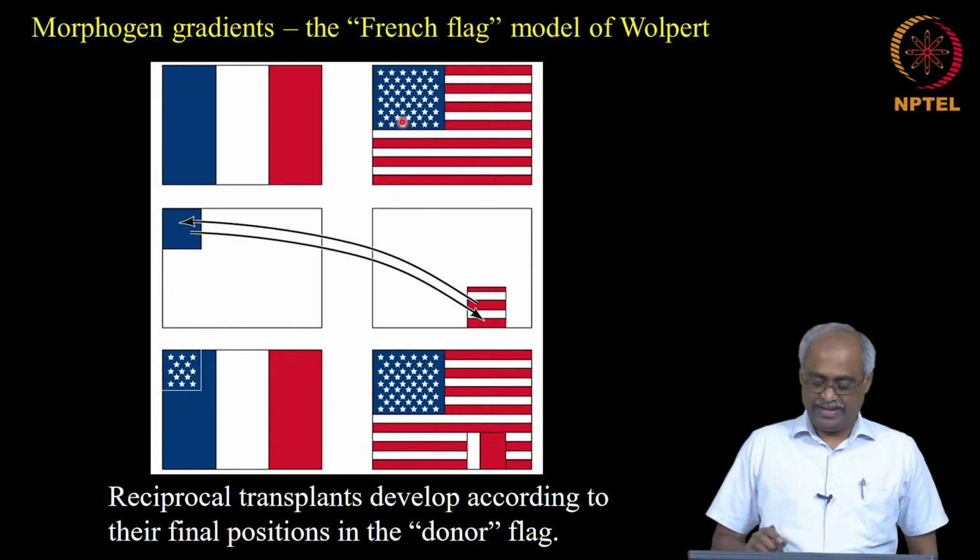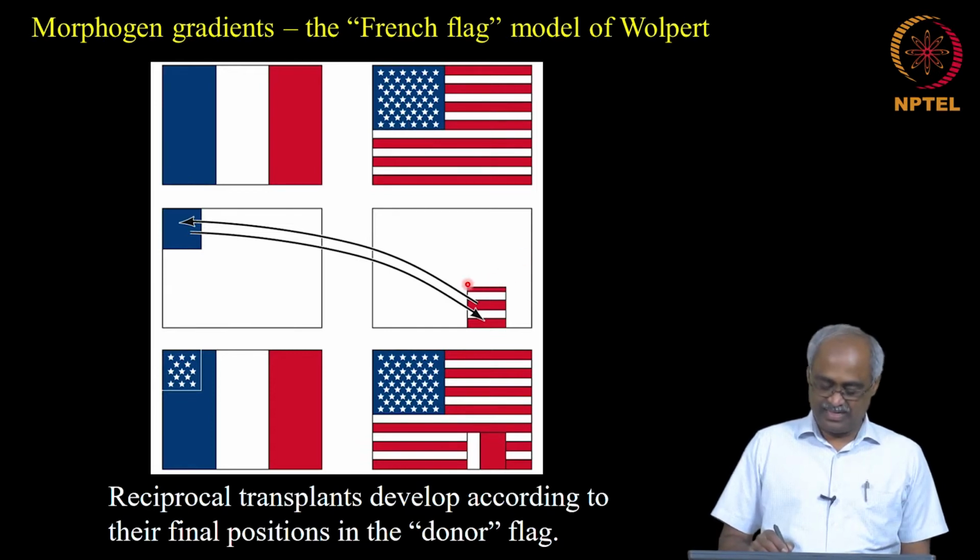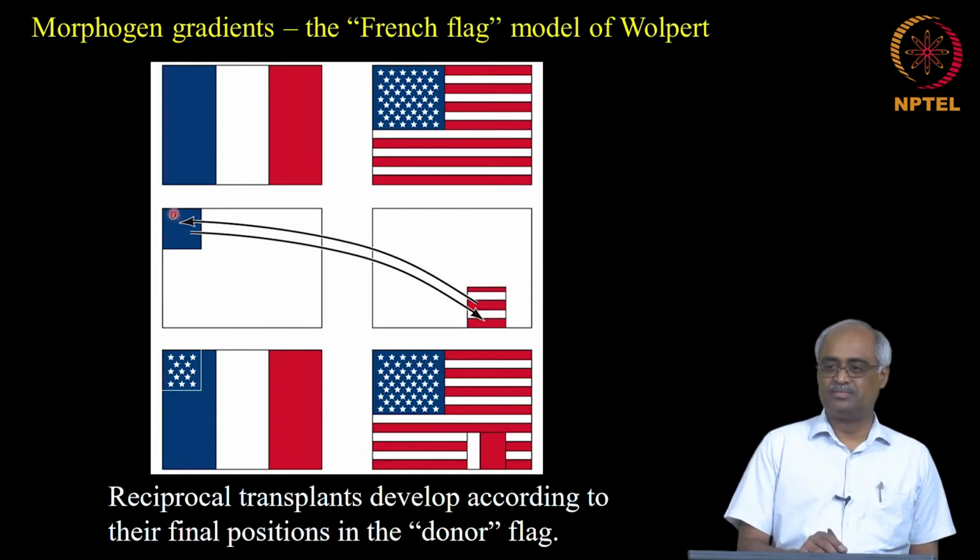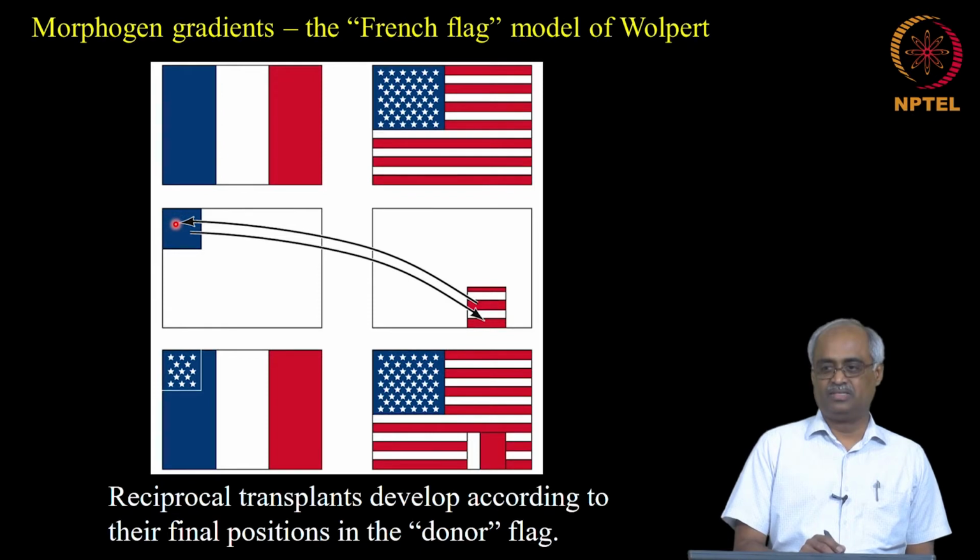So now I am going to take cells from here, the American flag, and put them in this corner, where they are going to sense the morphogen at its highest concentration, but they are not going to make the blue, the corresponding part of the French flag.